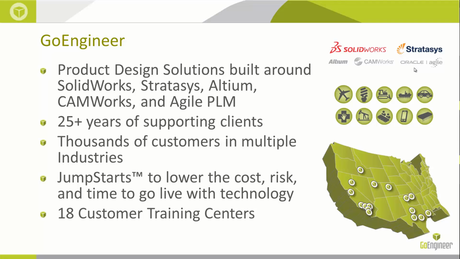One of the great things that we have at GoEngineer is what we call our jumpstart program. It's essentially a program to help new customers get on their feet using the software. We normally come in and do training on site, or you can come into our offices and we do training, we do implementations, and we get you running with the software as quickly as we can. We do that in our offices all throughout the western United States. Since this graphic was created, we actually added 2 offices, one in California and one in Phoenix.